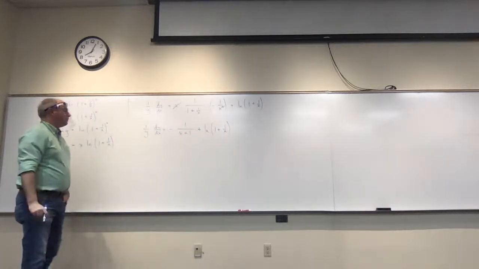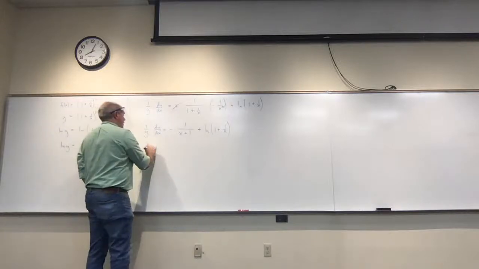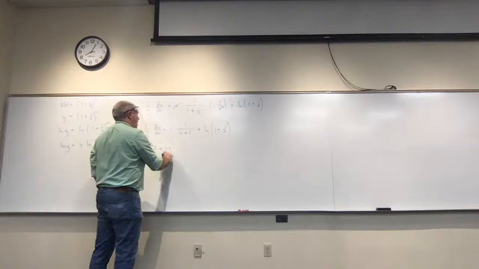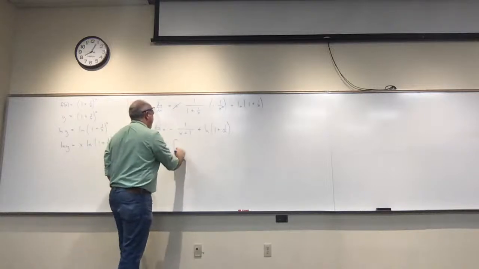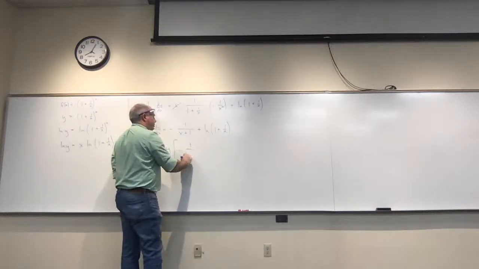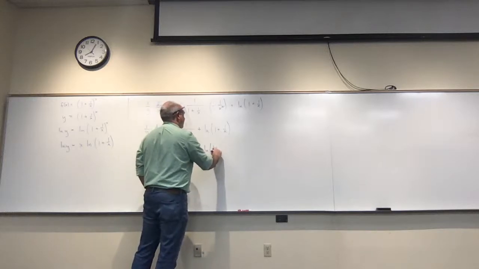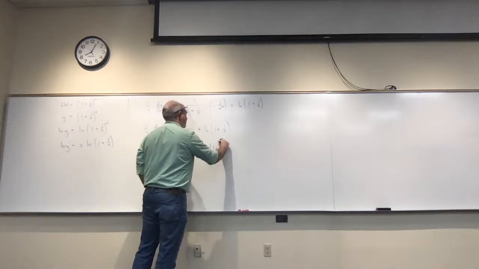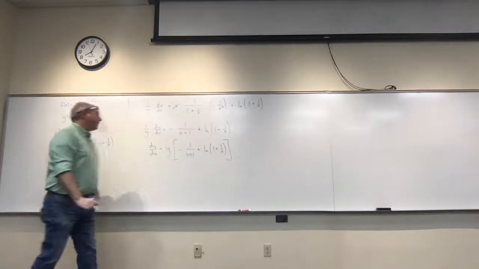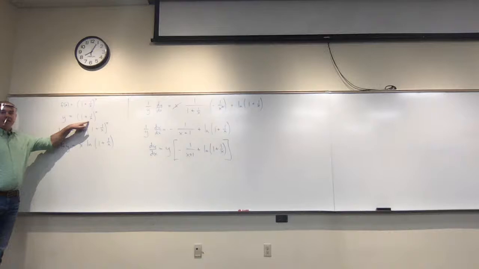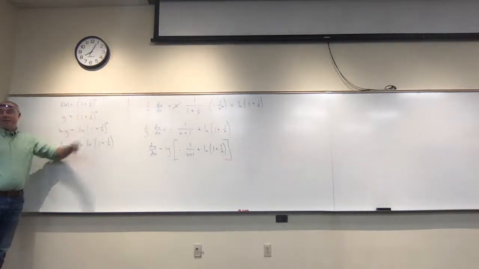Now I can multiply both sides by y, and I get that dy over dx is equal to y times all of this stuff: negative 1 over x plus 1, plus ln of 1 plus 1 over x. And then I can replace y by what I know it is in terms of x. So y is 1 plus 1 over x to the x.